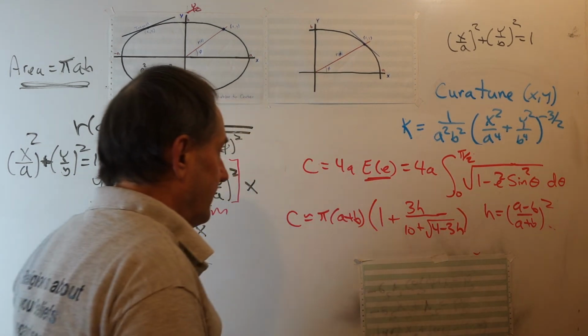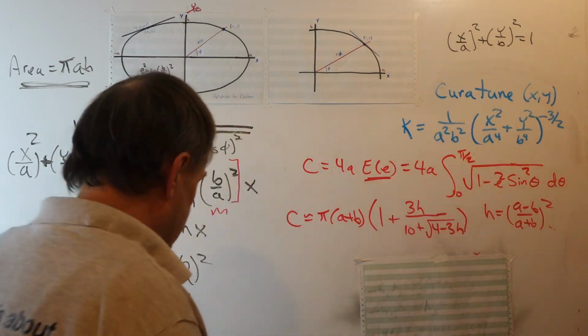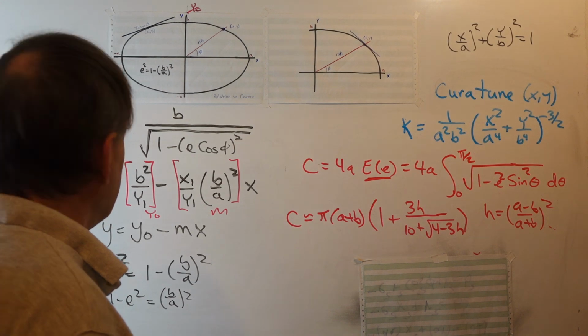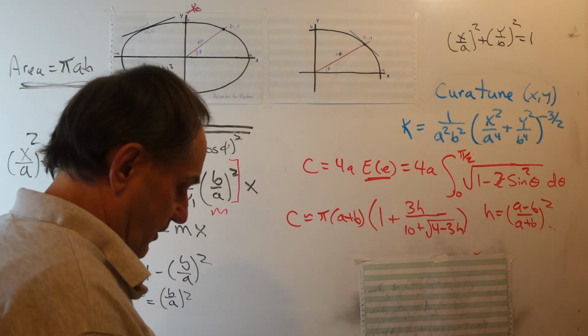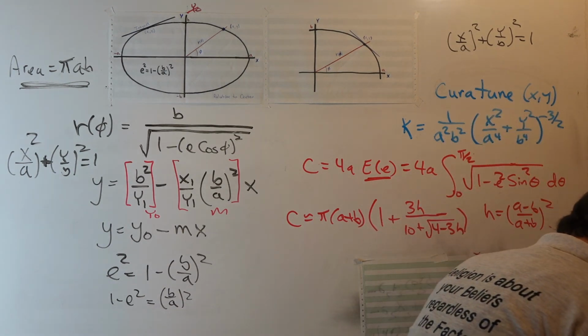How he came up with that is beyond me, but it's a very, very good approximation for the perimeter of an ellipse.